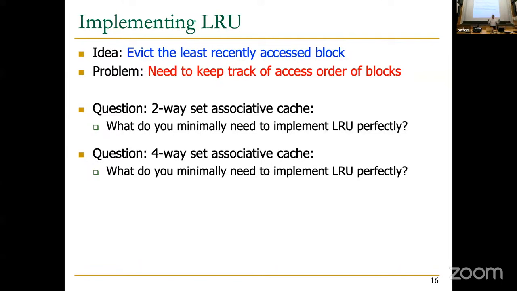That's what you would do if you want to minimize your headache when you implement hardware. 2 bits per block enables you to specify which order you have per each block, right? In a 4-way associative cache, that's 2 times 4, which is 8 bits.